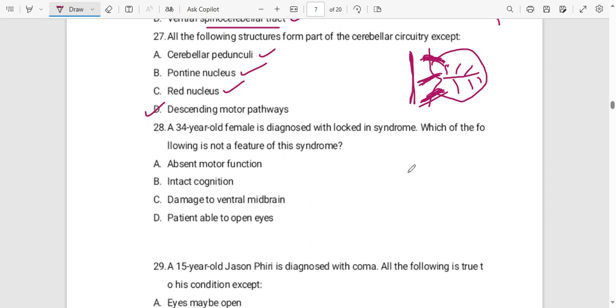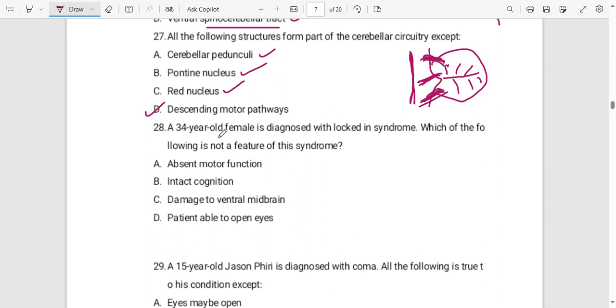They can understand everything, but they can't speak back because everything to do with motor is paralyzed, except of course the respiratory centers, which are in some other part of the brain. The person is still breathing. Otherwise, if that part of the brain was also affected, they couldn't breathe because the respiratory centers would be disturbed. So which part of the brain is affected in locked-in syndrome? The ventral pons. Thank you so much.